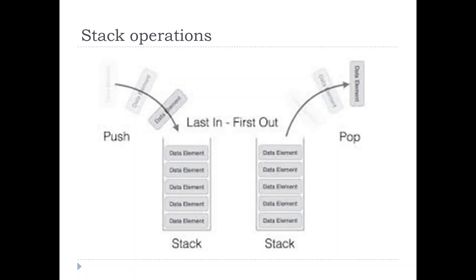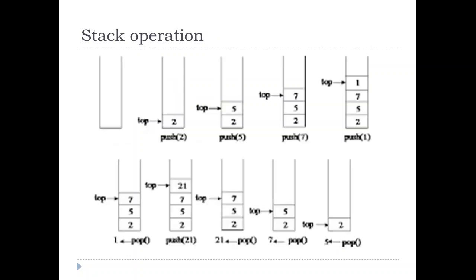So we keep the data in and we keep the data out. As the behavior of the stack, we can refer to this as a last in first out operation. The data which is last in will be the first to be taken out of this stack.